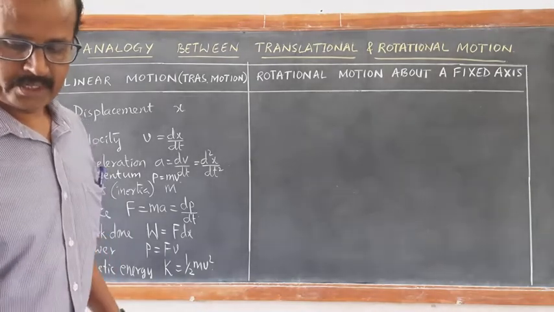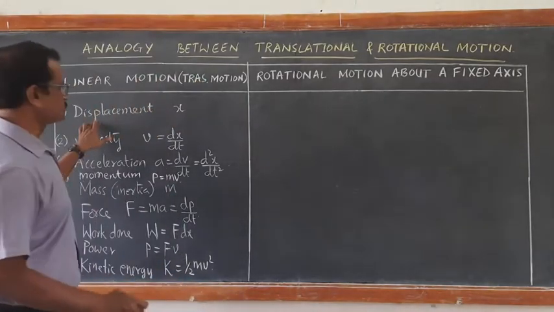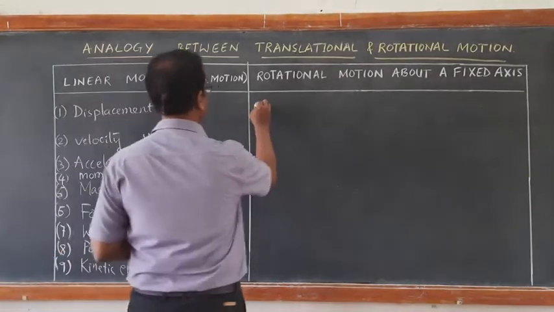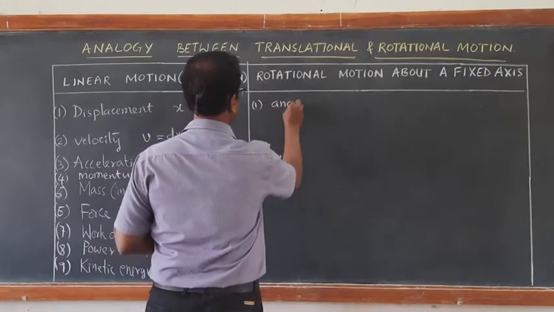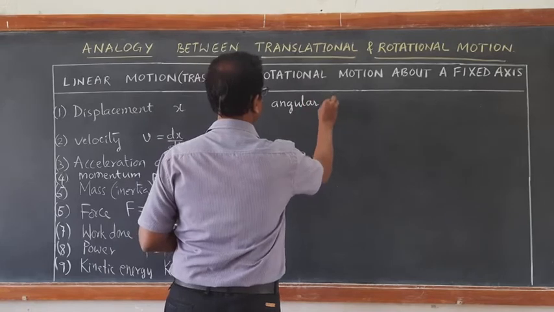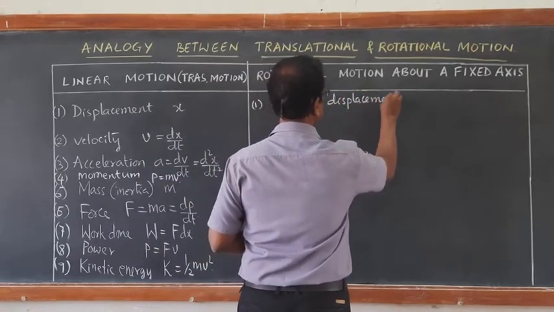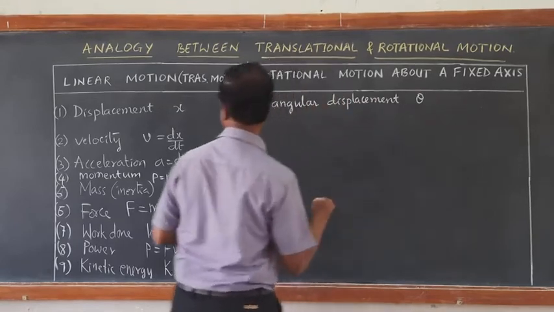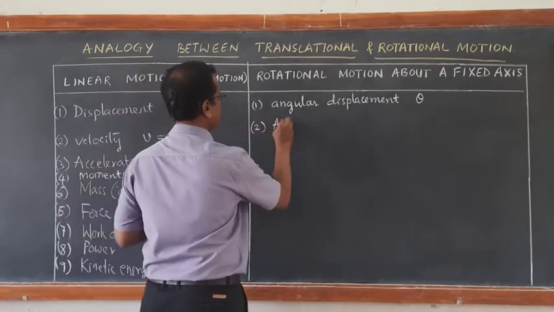Now, in the same way, what we have learned in rotational motion: the linear displacement is replaced by angular displacement, denoted by theta. Linear velocity is replaced by angular velocity.